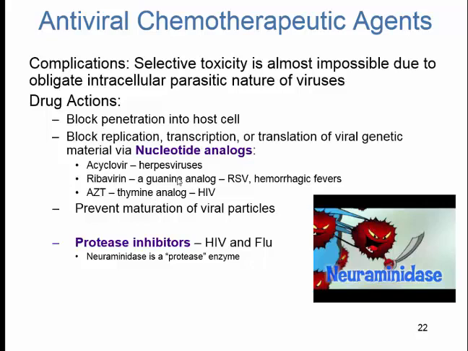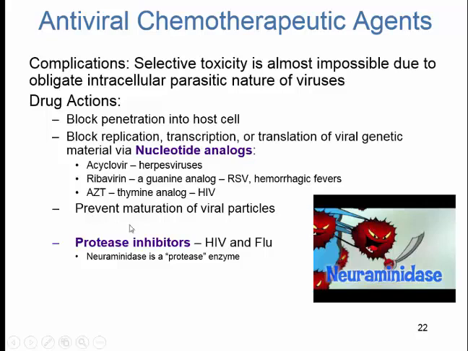So the other ways that these drugs can act, it can block penetration, and so penetration is those first steps. So you have absorption and then penetration into the cell, and so steps 1 and 2 of viral replication. And by blocking that process, if it can't get in, it can't infect. And then, of course, maturation of the particles.